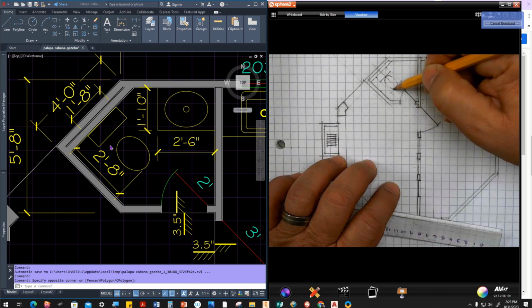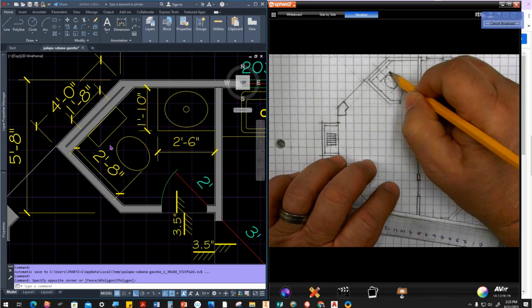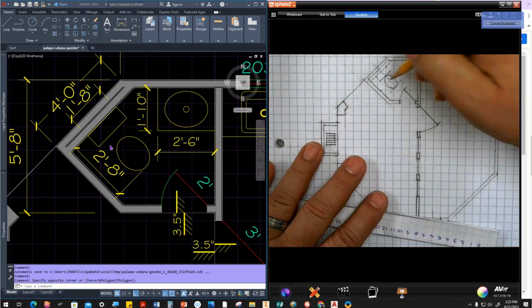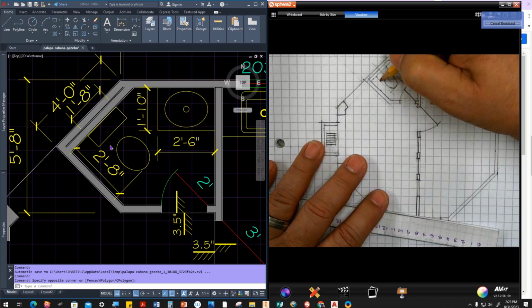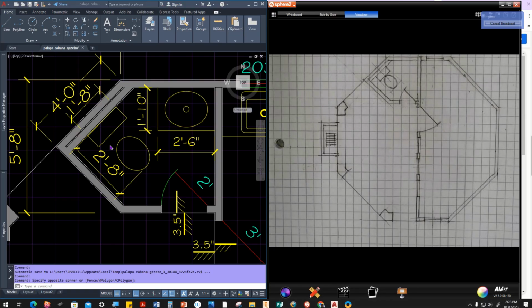Don't make it look too narrow. You want a nice wide ellipse for a seat. You don't want to sit in a narrow toilet. Ew. A nice and comfy seat for your ellipse, or ellipse for a seat. And that's it for the symbol for the toilet.